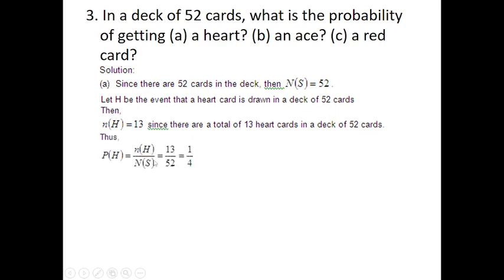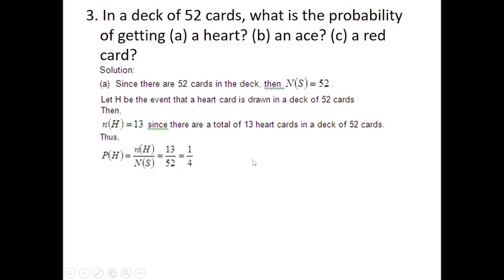So, tapos, gagawin lang natin, yung lahat ng bilang ng heart cards, i-divide natin sa lahat ng bilang ng ating lahat ng outcomes ng sample space. No? Yung bilang ng lahat ng outcomes ng sample space, 52. 13 over 52, 1/4. So, 1/4 ang chance that the heart card will be obtained, no? In a deck of 52 cards, no?